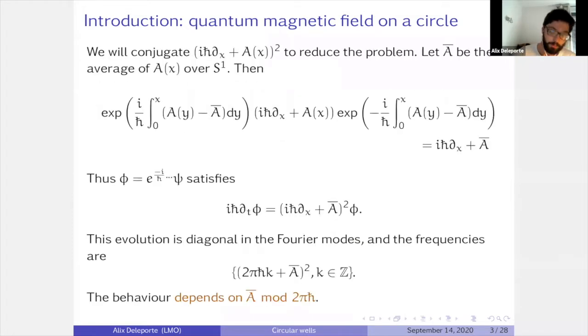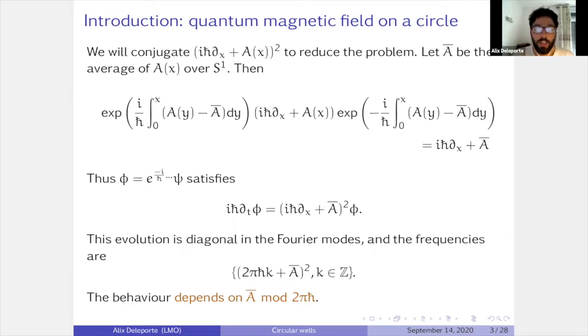So let's forget about all those magnetic fields and try to reduce the problem. The way to reduce the problem is to consider the spatial average of your vector potential A over S1. Then A minus A bar is a function on S1 with 0 mean, so that there are primitives on S1.